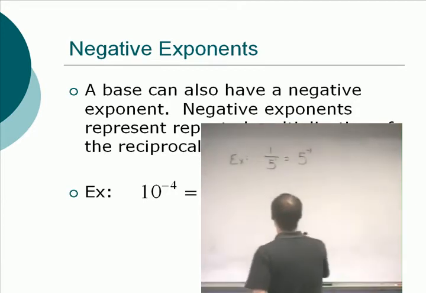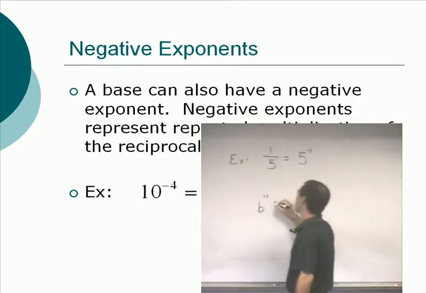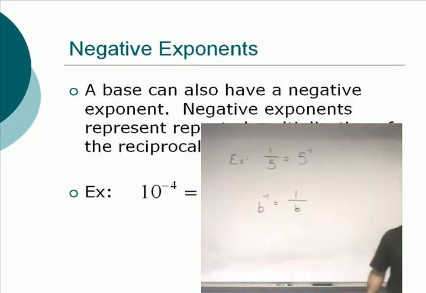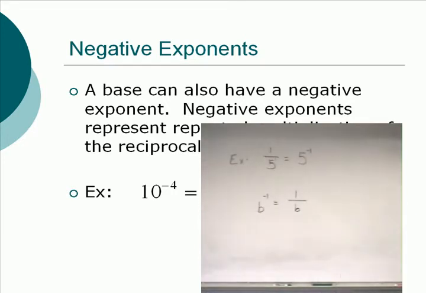In general, we can say that any number to the negative 1 power is the same as the reciprocal of that base. Now look on your calculator, and that function, the reciprocal function, is used so often that it also frequently has a key dedicated to that purpose. It's going to appear one of two different ways on your calculators.